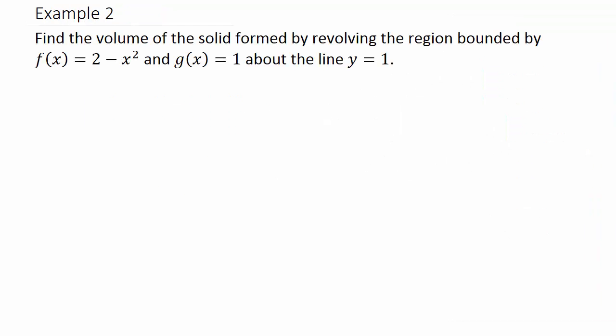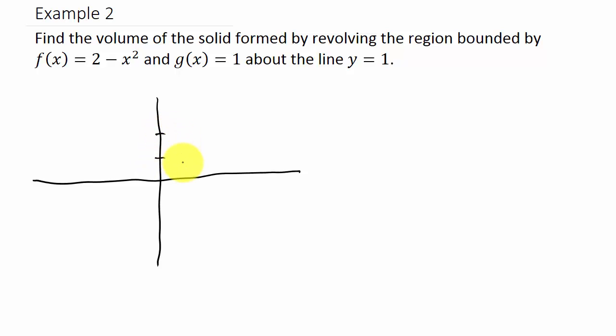It says find the volume of the solid formed by revolving the region bounded by f of x equals 2 minus x squared and g of x equals 1 about the line y equals 1. Alright, so first let's draw a graph. Let's see, there's 1, there's 2.